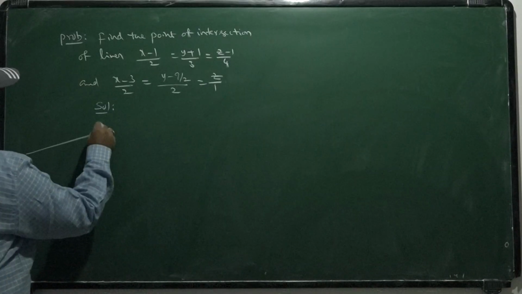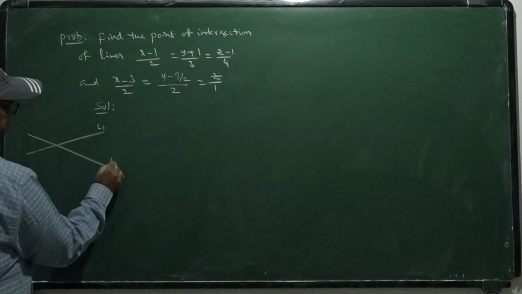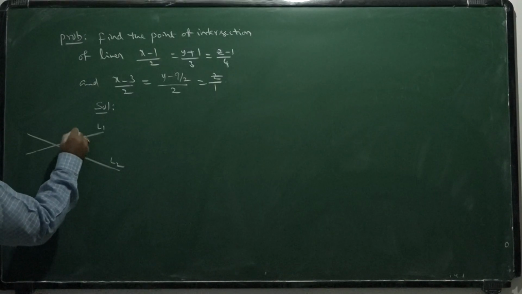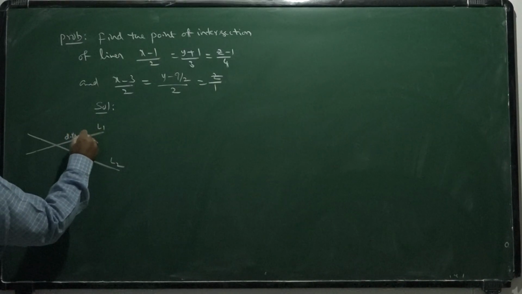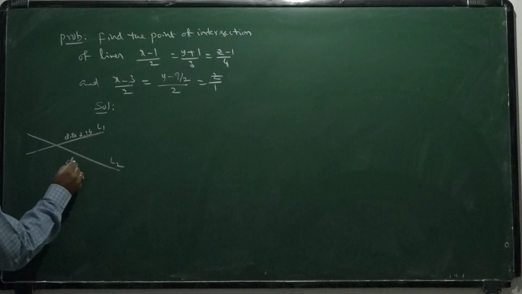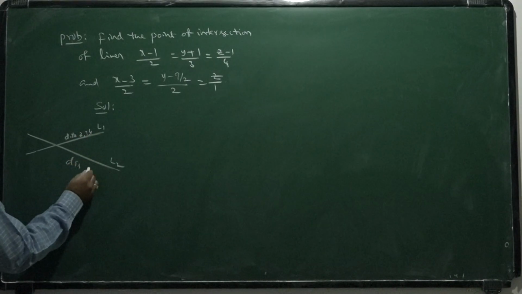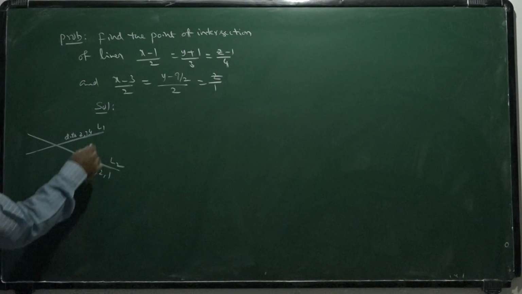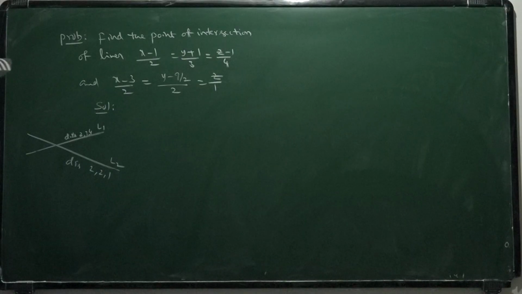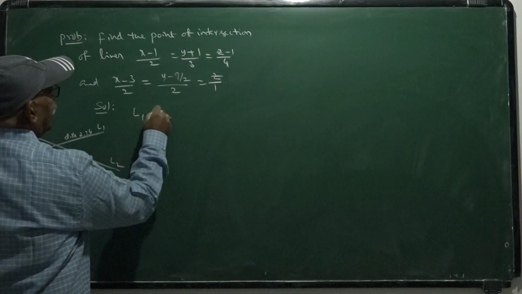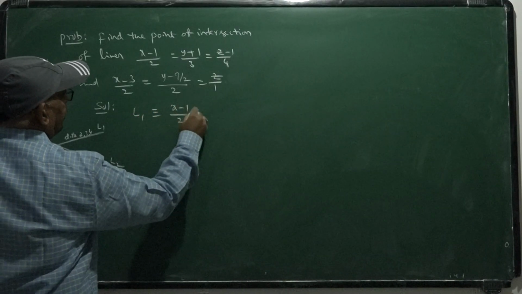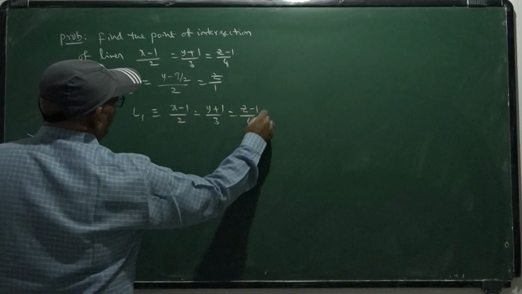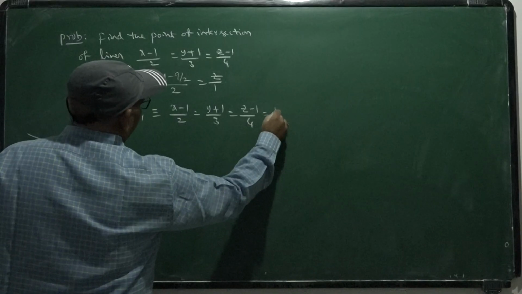So this is one line, line 1. This is another line, line 2. Here the DRs of this line are 2, 3, 4. The DRs of this line are 2, 2, 1. So here line 1: (x minus 1) by 2, (y plus 1) by 3, (z minus 1) by 4, let it be some p, say.